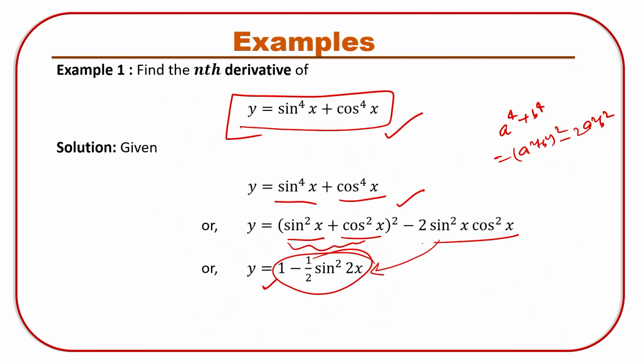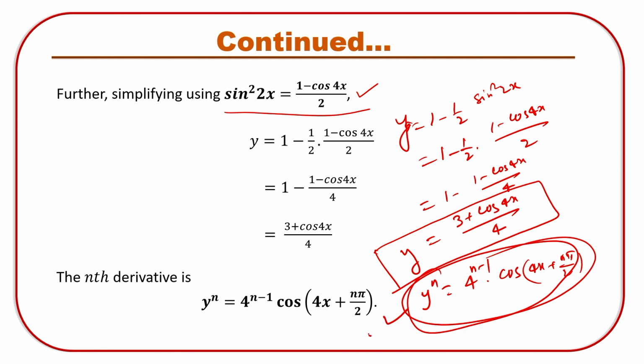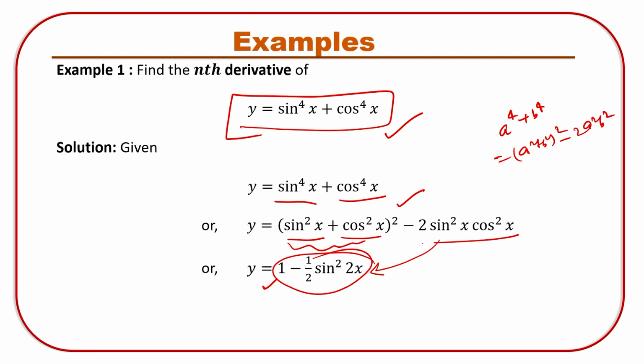Using the same result, you will get the answer directly, that is yn equal to 4^(n minus 1) into cos(4x plus n pi by 2), right? So that is the nth derivative of the given function, y equal to sin^4 x plus cos^4 x.